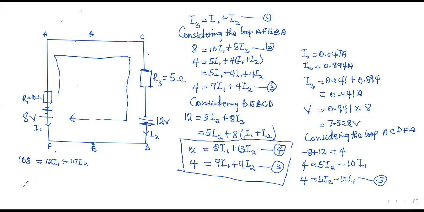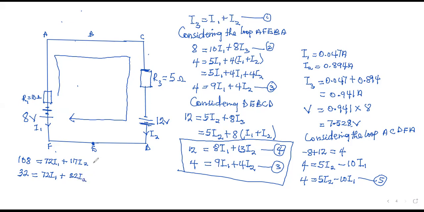So 8 by 4, that is 32. Then 8 times 9, 72, plus 8 times 4 again, 32, I2.